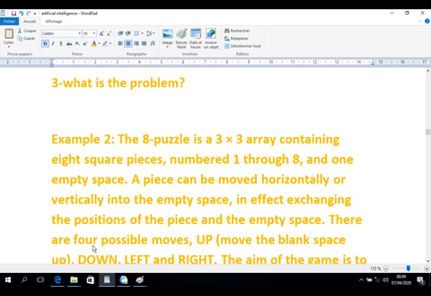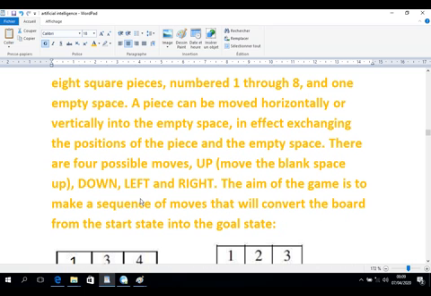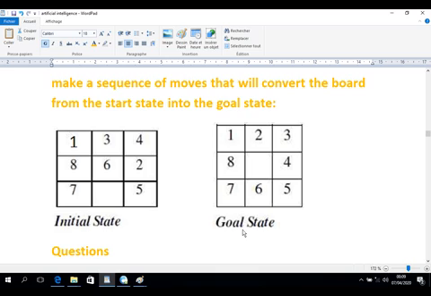Fine. The second problem is the puzzle. So we have a 3 by 3 array containing 8 square pieces numbered 1 through 8 and 1 empty space. A piece can be moved horizontally or vertically into the empty space, in effect exchanging the positions of the piece and the empty space.